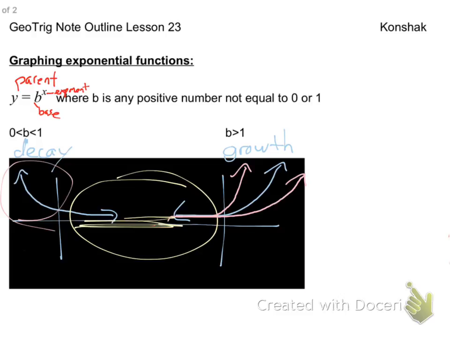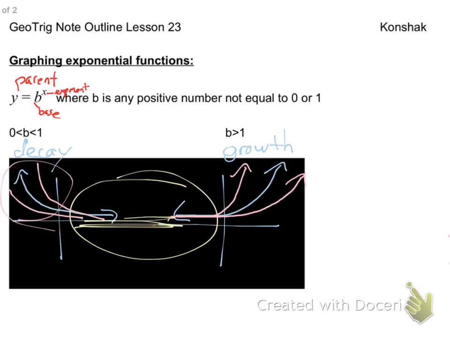The same thing goes for the decay. Was it decaying really fast or really slow? We know it's going to go towards 0, but we don't know this other part. And that other part where we don't exactly know what's going on, I'm going to call that the tail. Where's the tail going? And so what we're going to do is set up some really cool things that all of these y equals b to the x graphs will have in common.